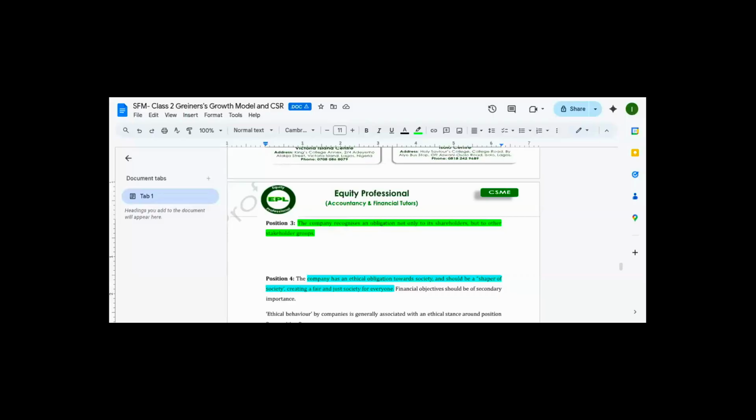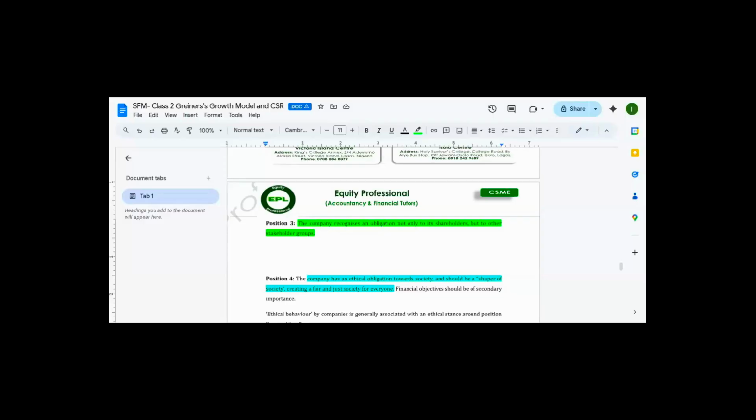Is that understood? Even if we see it as just a one-line statement in the syllabus, students are required to know the meaning of ethical stance. Anything we see in the syllabus that students are required to know, I have to teach you, because we don't know the direction the exam is going, or the topic or subtopic of interest to the examiner.